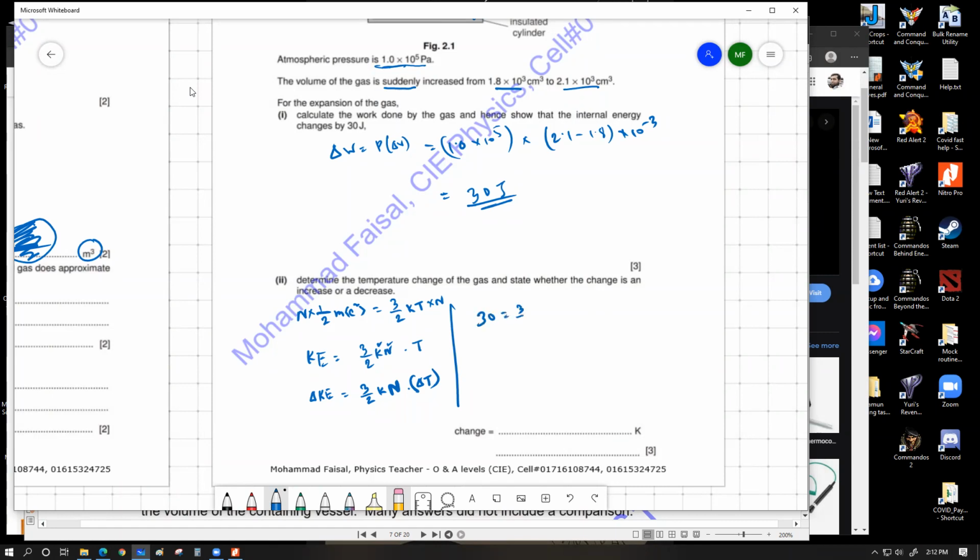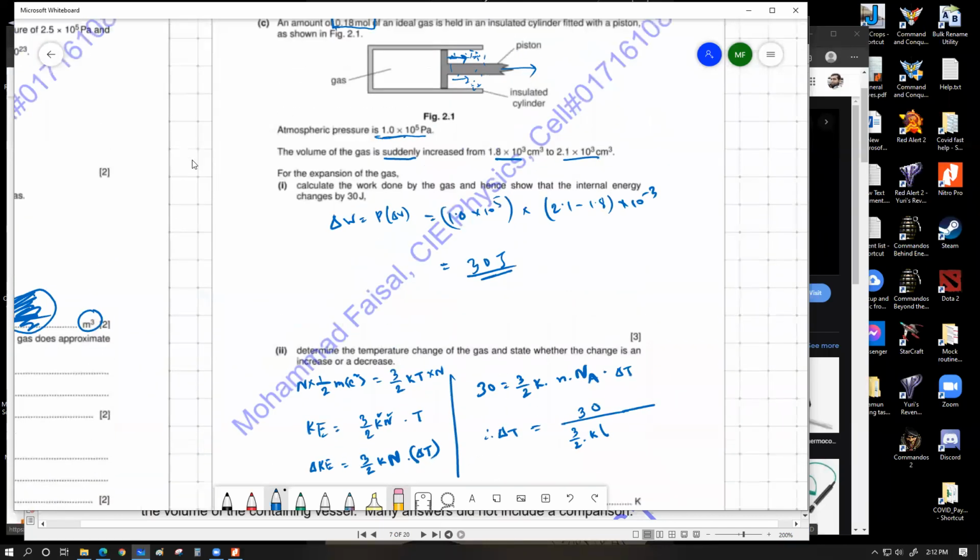So 30 equals 3/2 K into N into Na into delta T. So delta T is going to be 30 divided by 3/2 into K into 0.18 into 6.02 into 10 to the power 23.